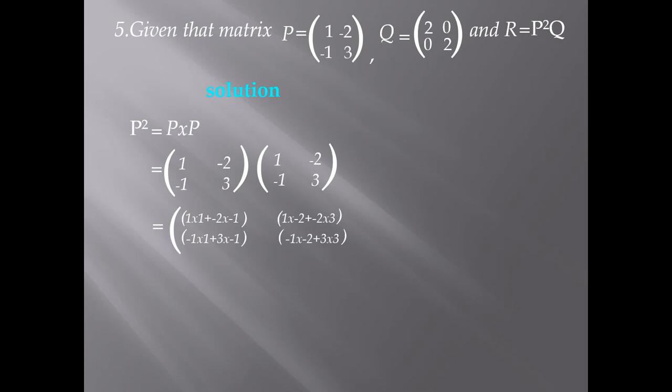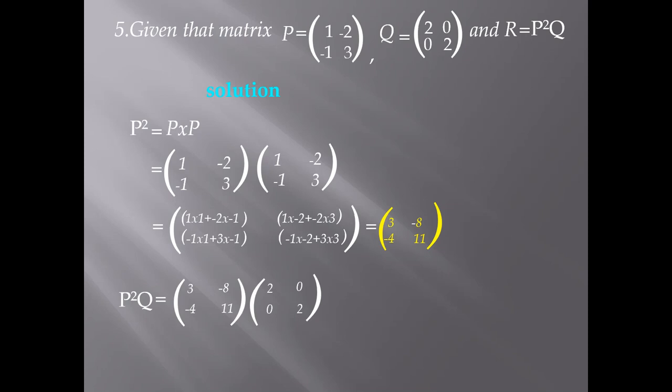We proceed: negative 1 times negative 2 plus 3 times 3. And at this level we just compute to give us a 3 there, negative 8, negative 4, and then 11. So P squared Q, we have the P squared. Now the P squared times the matrix Q to give us matrix R.